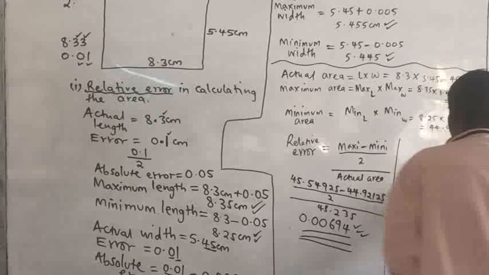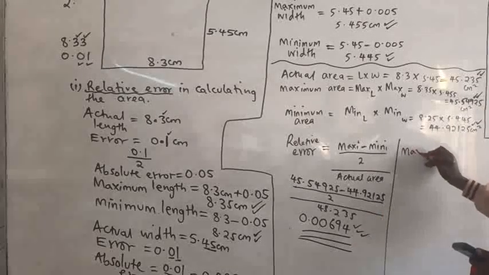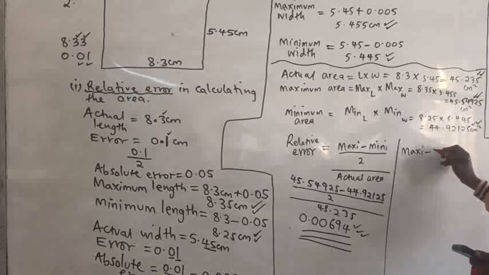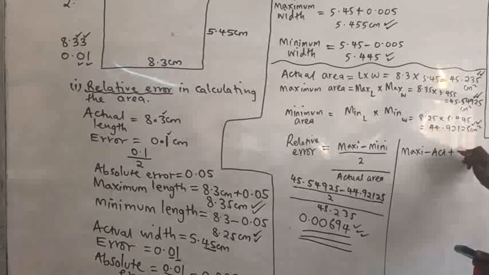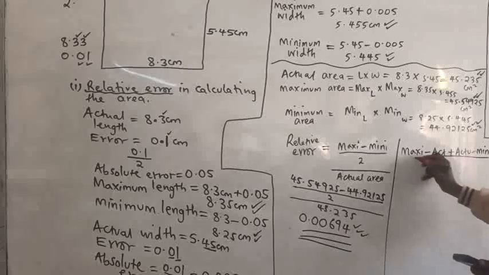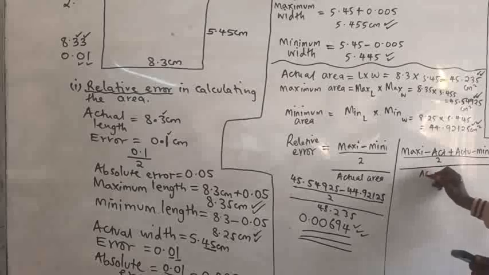Someone can decide to say maximum area minus actual area, plus actual area minus minimum area, then this is divided by 2, then over the actual area.